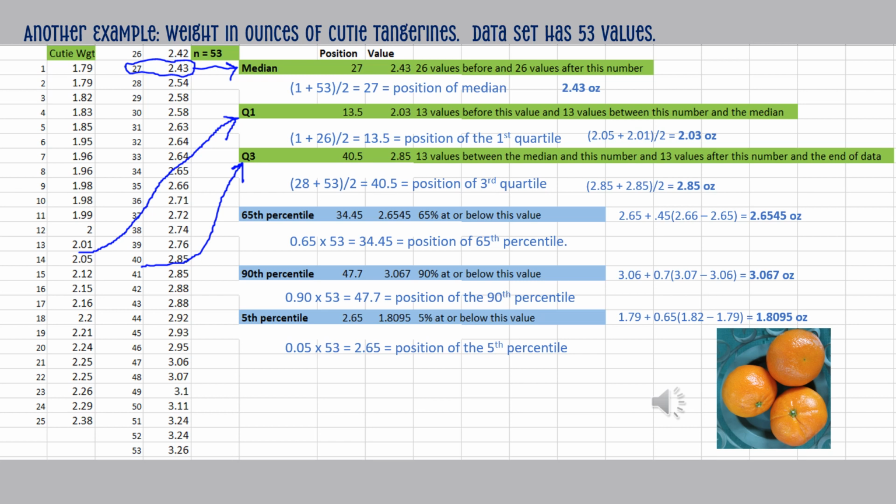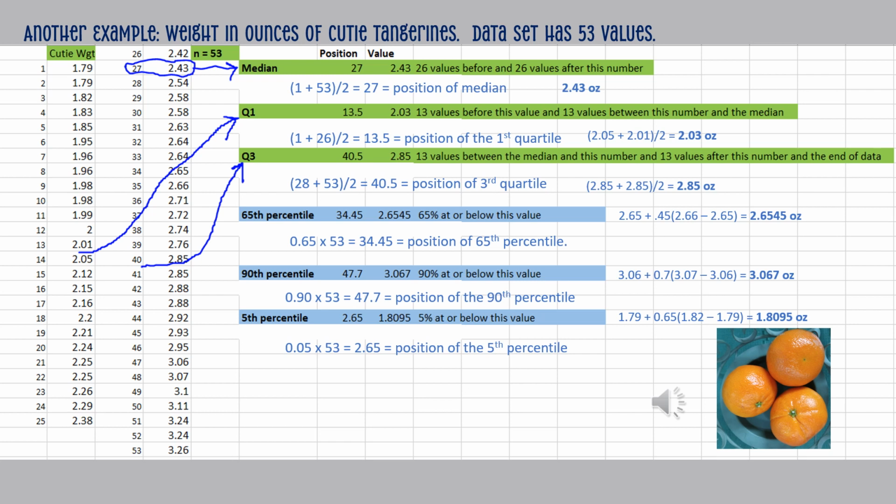Then the first quartile is in the middle of the lower half of the data. 26 is immediately before 27, so average 1 and 26, and you get 13.5. That's the position of the first quartile. The 13th value is 2.01, the 14th value is 2.05, average those, and you get 2.03 ounces. So the first quartile is at the 13.5 position and is 2.03 ounces.